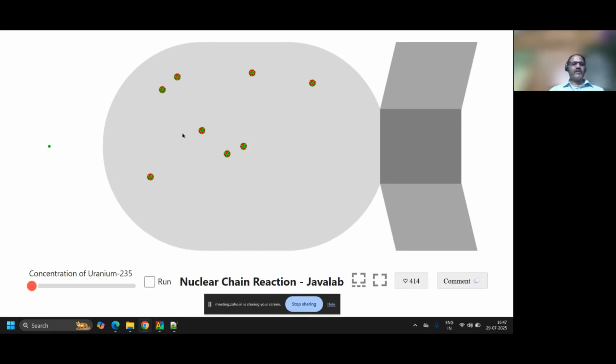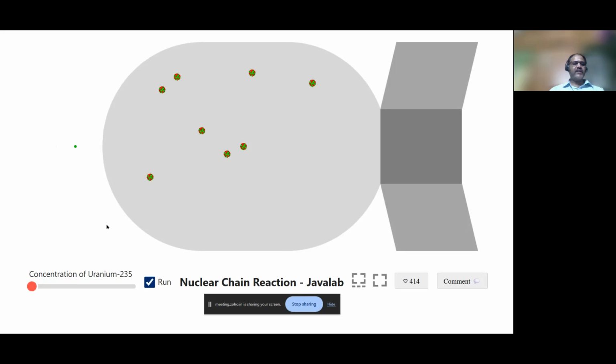From this side, I am going to release a neutron and it is going to hit something. This in turn will release something and then the chain reaction will happen. This is a protective wall. Now watch, I click run, the neutron goes, it is hitting one and it releases other neutrons, but that is not hitting other atoms because the concentration is very less.